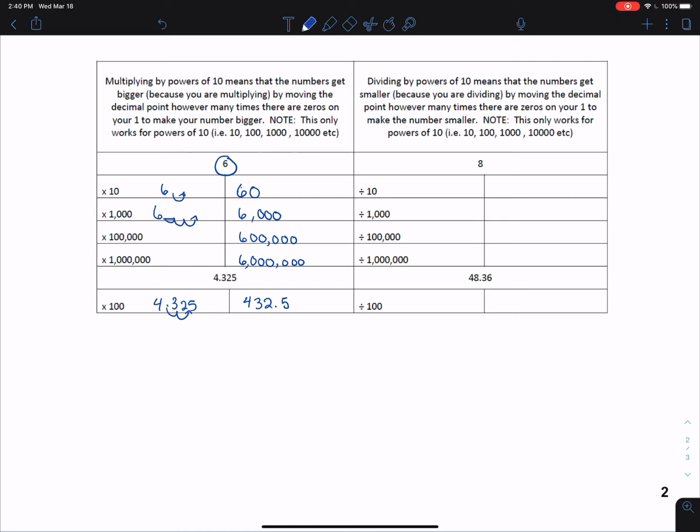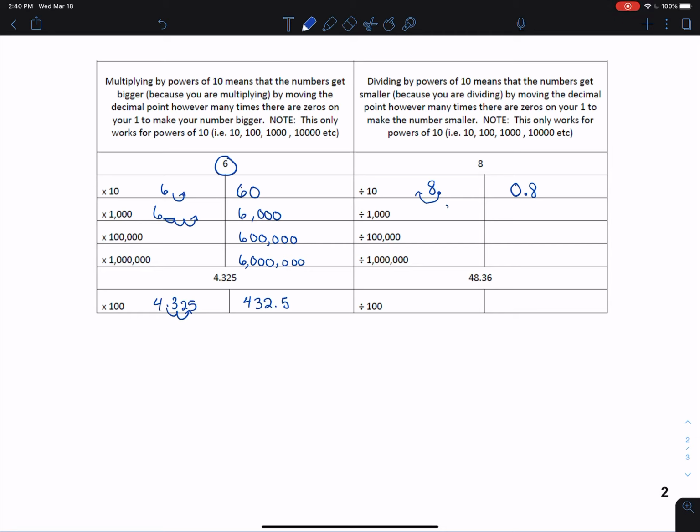This time, we move our decimal point to the left by however many zeros there are to make the number smaller. So if we have our 8, remember our decimal point's always at the end of our whole number, we would bump it 1 space to the left when we divide by 10, and that gives us 8/10.